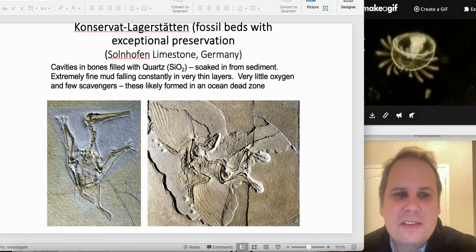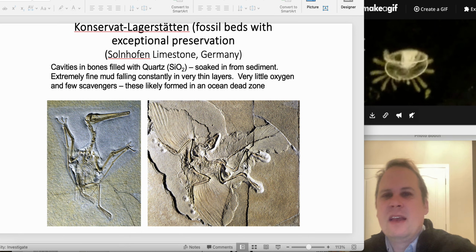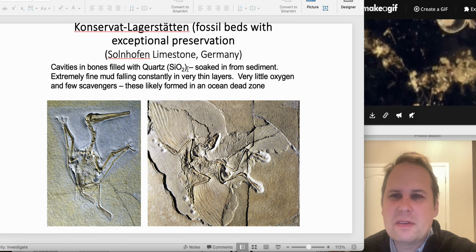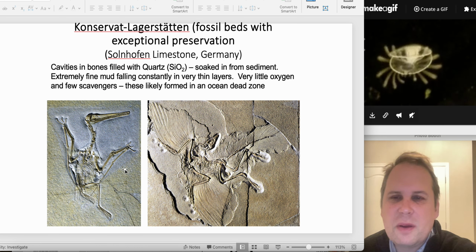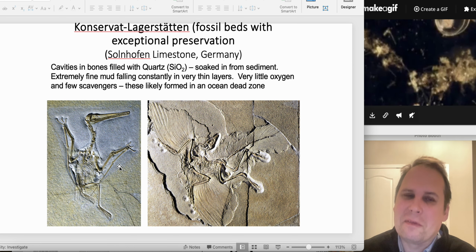Okay. Here's another famous site with a different taphonomy. Solnhofen Quarry, which is in Germany. The Solnhofen limestone doesn't have very many fossils, but the ones it has are really something.